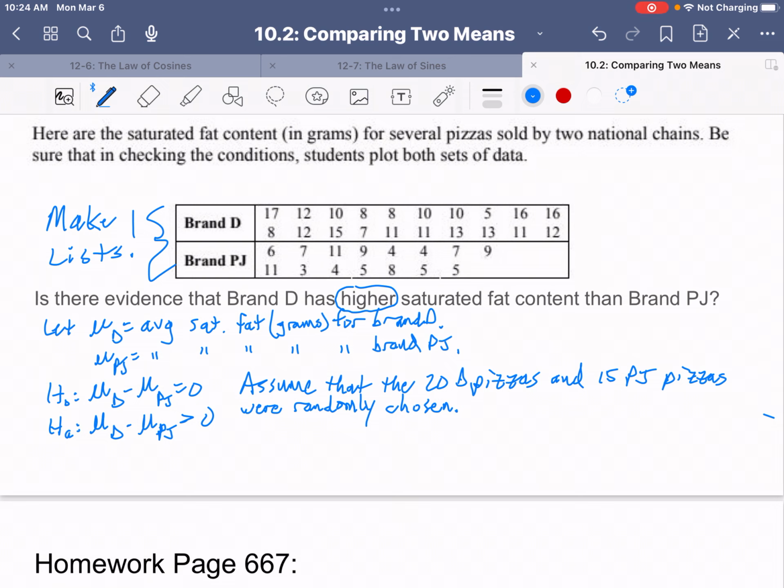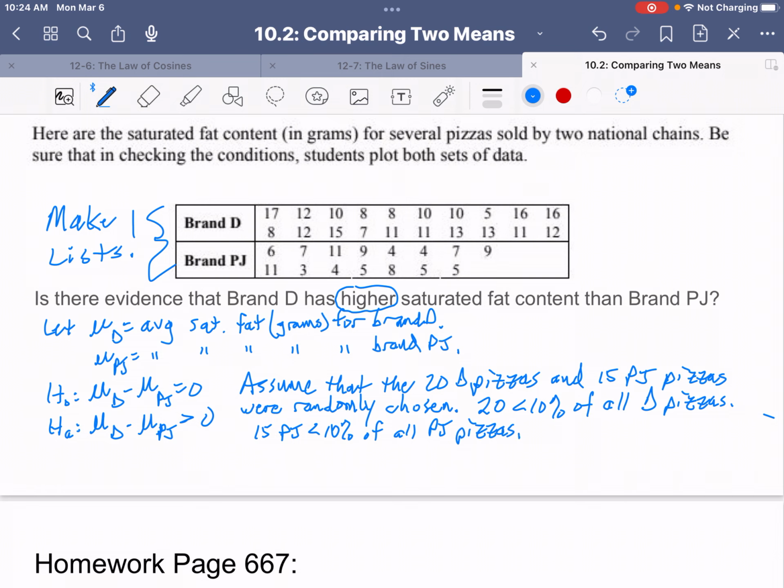And I think it's safe to say that the 20 pizzas is less than 10% of all brand D pizzas, and that the 15 Papa John pizzas, brand PJ pizzas, is less than 10% of all PJ pizzas.